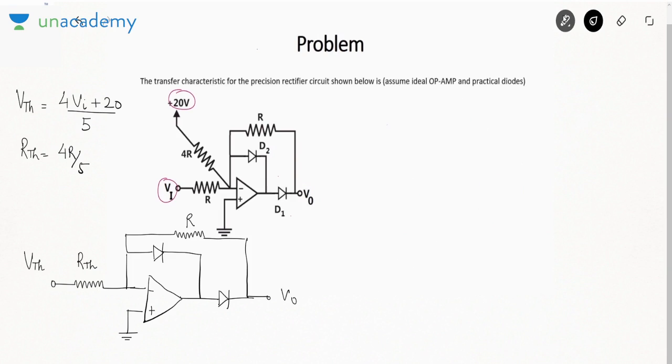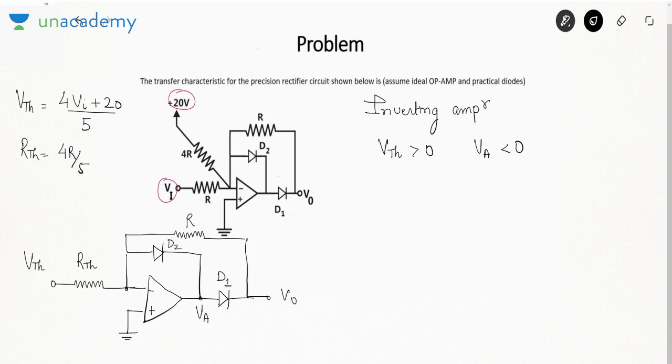Now see, the input is connected at the negative terminal, so it will work as an inverting amplifier. So I'll say, if VTH is positive, then VA will be negative. Now VA is connected to the cathode of D2 and the anode of D1.